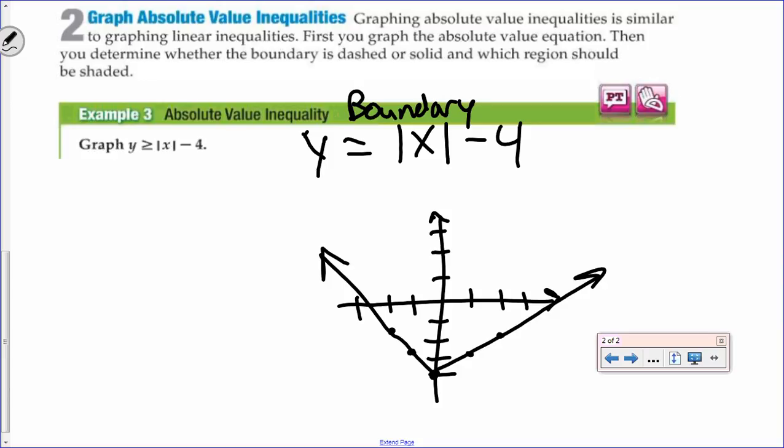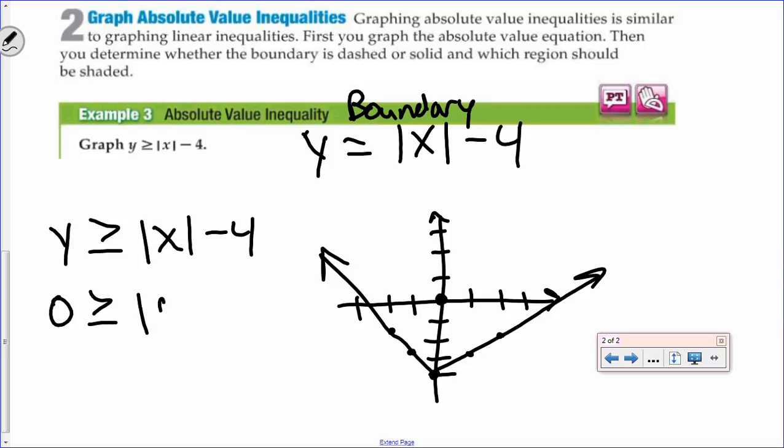We've got to do the same check. Pick a point somewhere on the graph, see if it satisfies the inequality. Again, 0, 0 is not on the boundary, so I'm picking it. 0, 0 is a very good point to pick. We're plugging 0, 0 into our inequality to see if it satisfies the inequality.